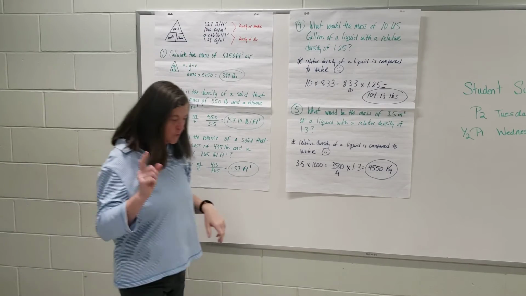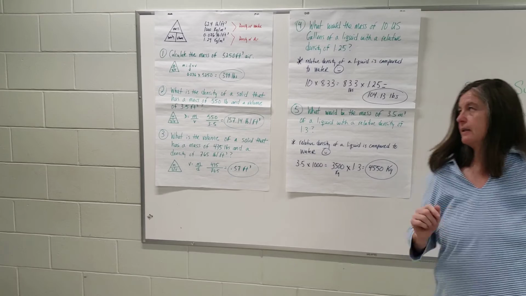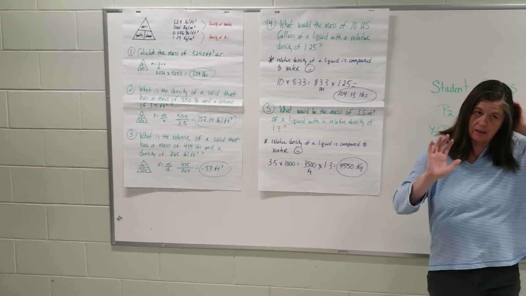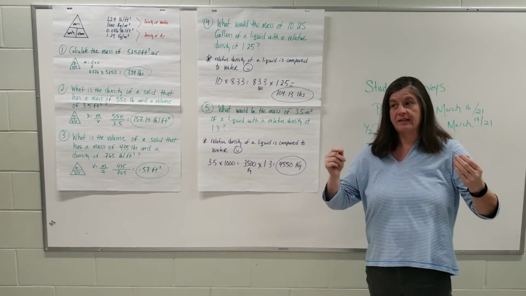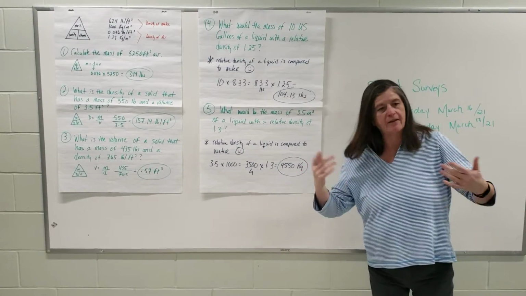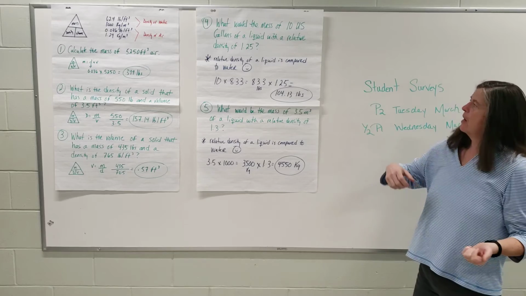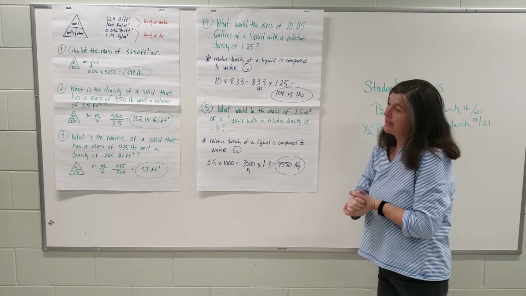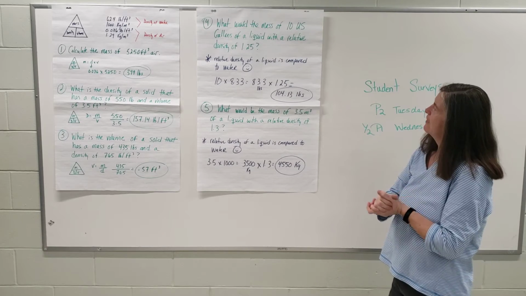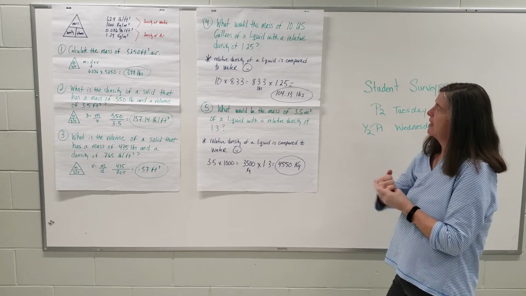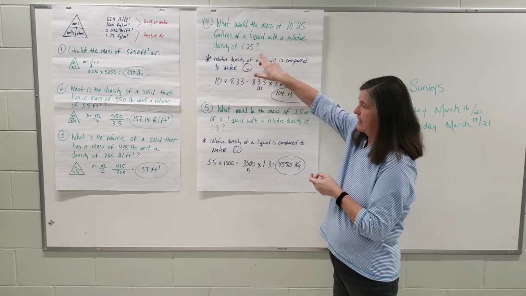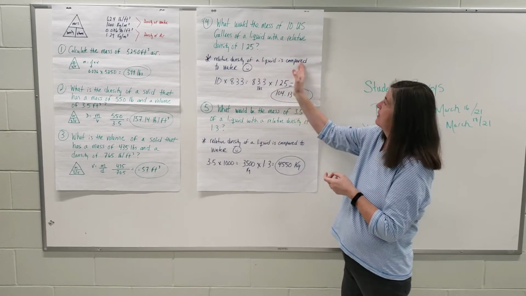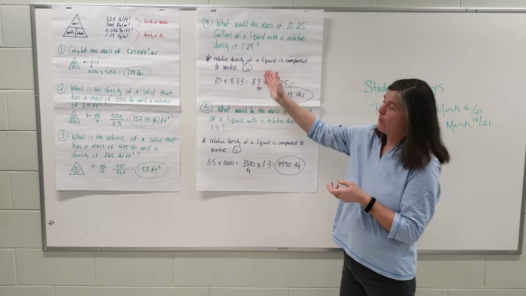The next two are a little bit more complicated, but I know you can do it. This is where we have to talk a little bit about relative density: something is so many times heavier or lighter than water or air. What would be the mass of 10 US gallons of a liquid, we don't know what it is, with a relative density of 1.25? Whatever this liquid is, it's this much heavier than water. The relative density of a liquid is compared to the weight of water.